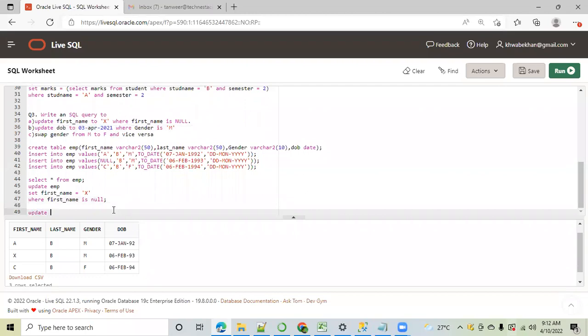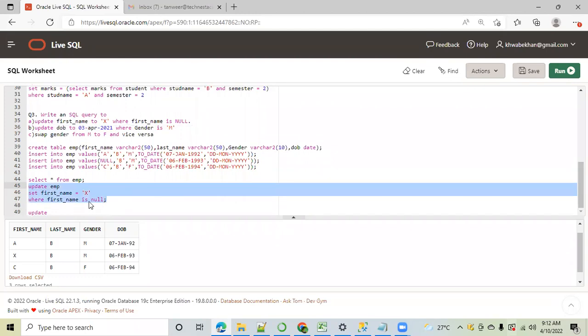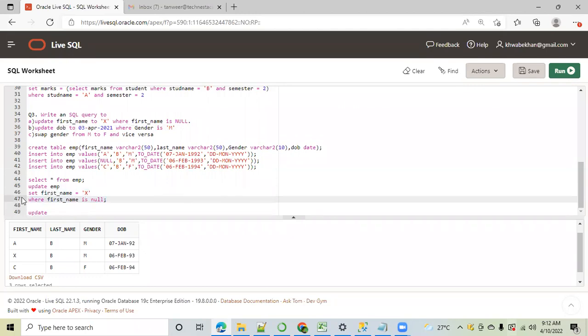From this example, what I'm trying to show you is you can use the is null keyword here also. There is no restriction with update. Even the same column you can keep in set and where, not an issue. I've used first name in set and in where as well.